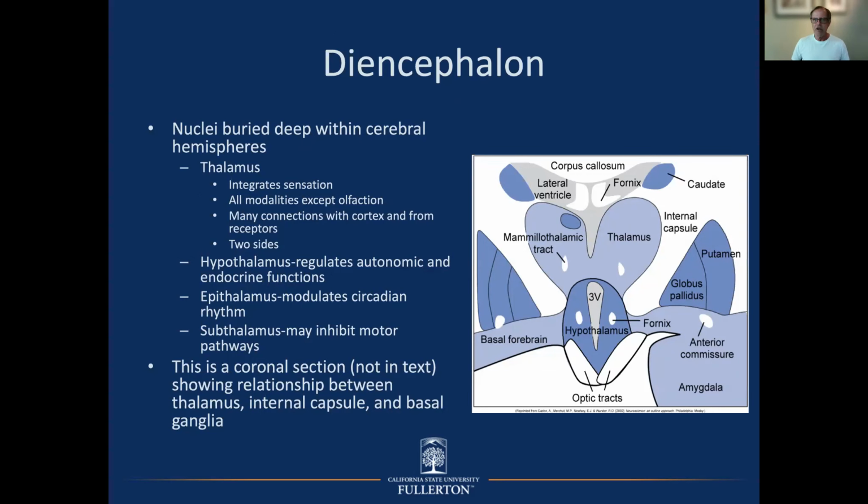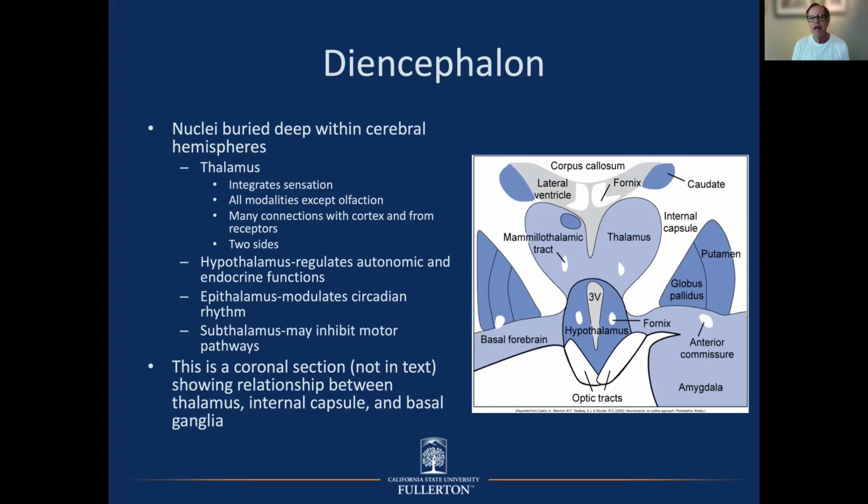But this coronal section will show the relationship between the thalamus and some closely positioned structures. And again, I just want to emphasize that the thalamus integrates sensation. It receives every kind of sensory information from your entire body and head, except for olfaction, your sense of smell. It bypasses the thalamus and goes to an older part of the cerebrum.